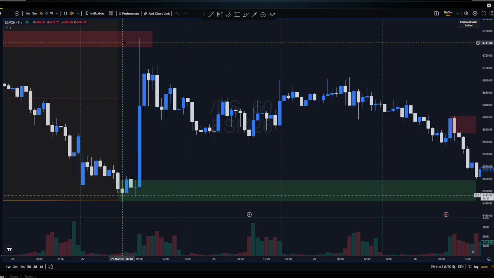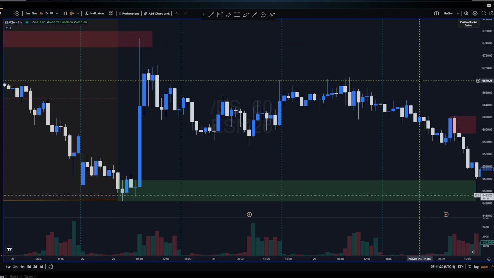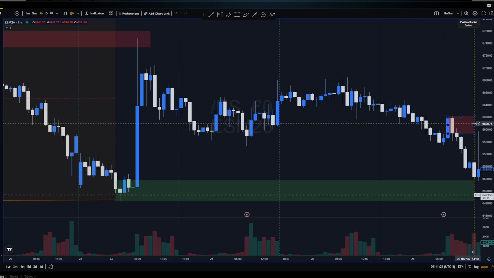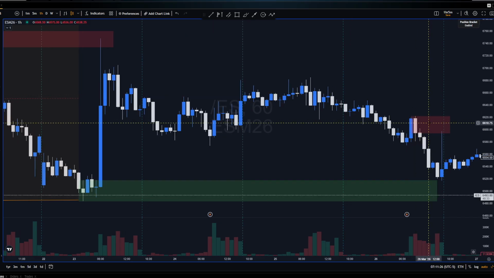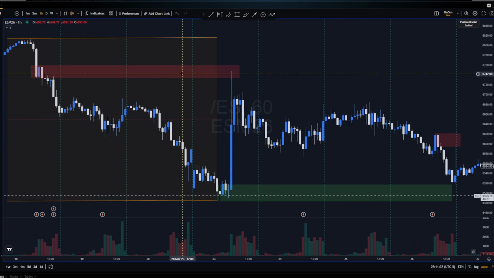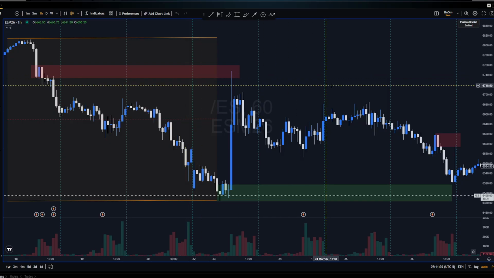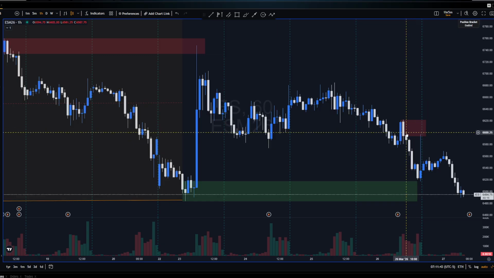Just like back here, I want to see what price does. If we go through it, that's bullish. Move forward a tad, and what do you know? Once again, we react exactly where we thought the sellers were. If we're reacting exactly where we thought the sellers were, it doesn't matter how strong these candles are. The sellers are in the market. So I believe currently the sellers are in the market.